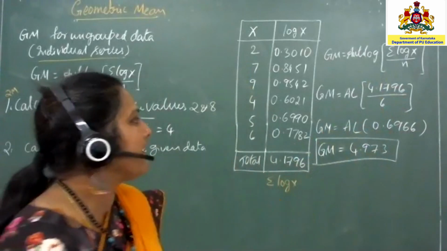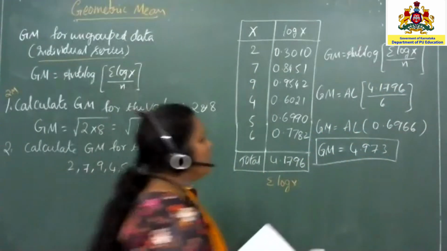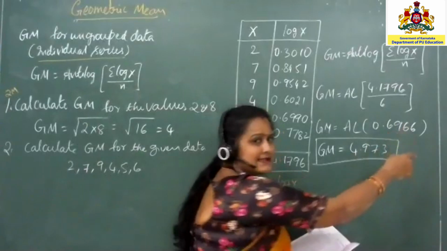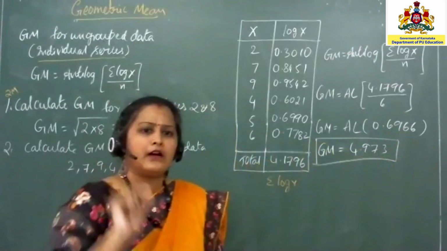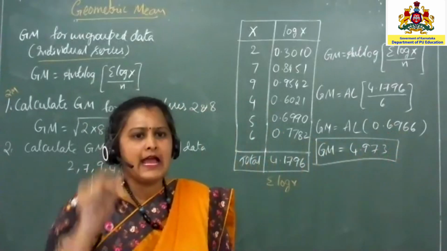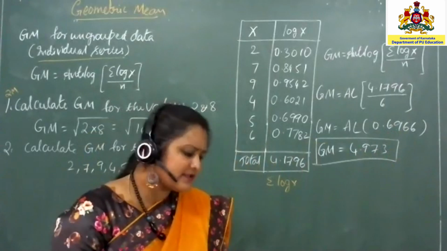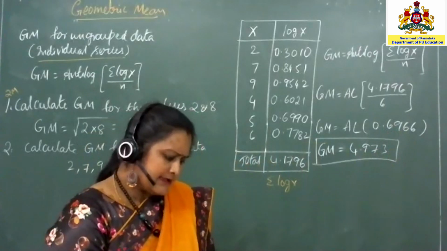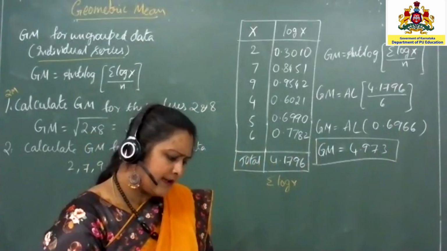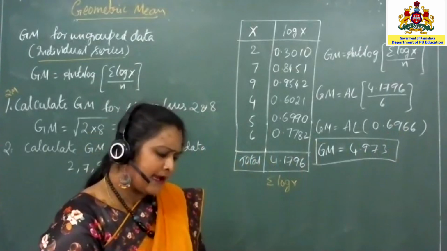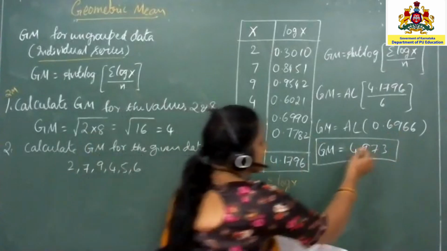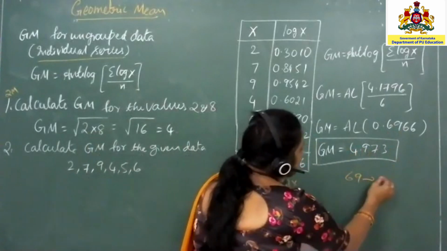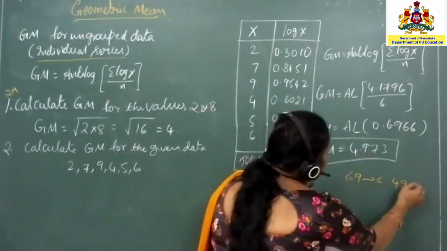In the anti-logarithm tables, you need to see the value 69 under 6. So 69 row wise, and under 6. The value is 4966.